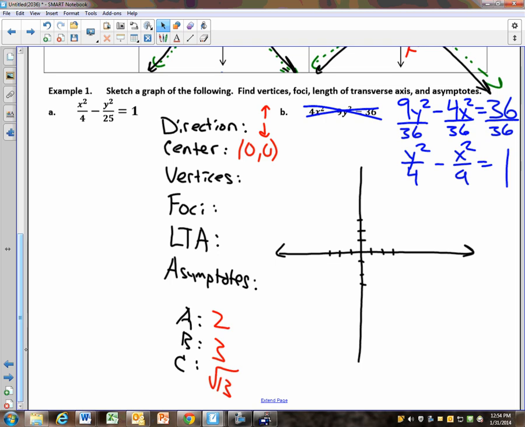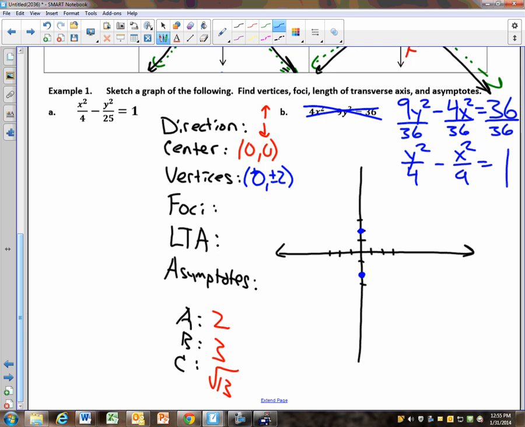So we'll get back to Caitlin's point. Caitlin says that the vertices, she went 2 units in the y direction. Again, look, 4 is under y, so you go 2 units in the y direction, 2 units each direction. So we got 0, plus or minus 2.